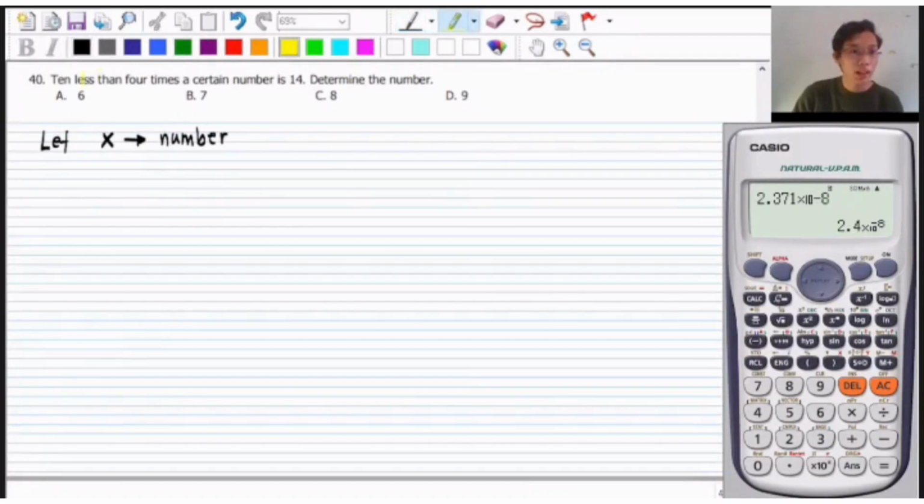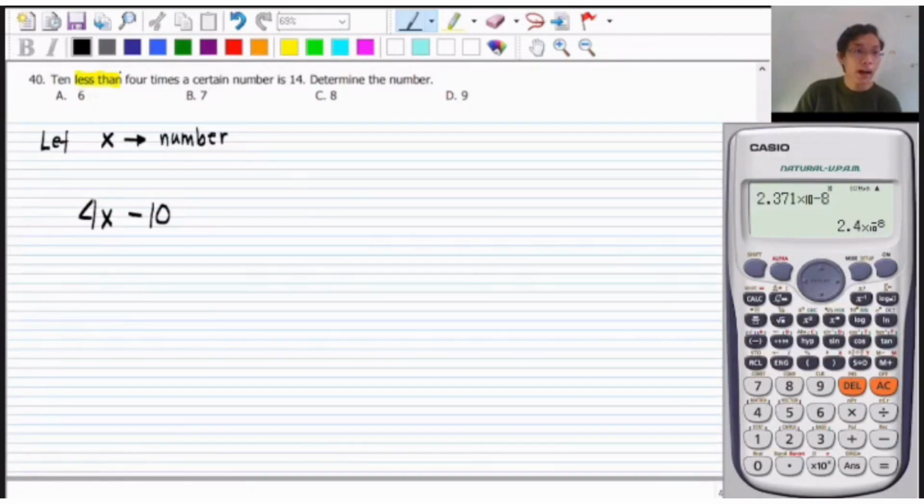Pag may nakita kayong less than, more than, greater than, okay, ang gagawin nyo dyan, unahin yung isulat yung nasa dulo. Okay, so ano yung nasa dulo? 4 times a certain number. So yan yung una yung input. 4 times a certain number is less than 10. So minus 10. Okay, yun yung technique dyan sa number worded problem.